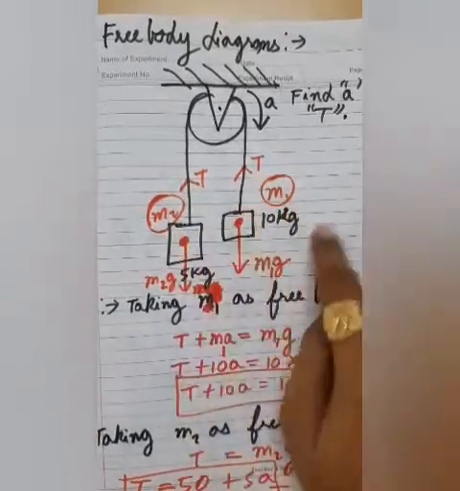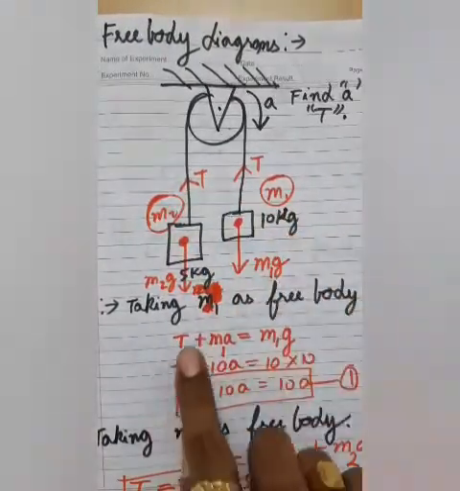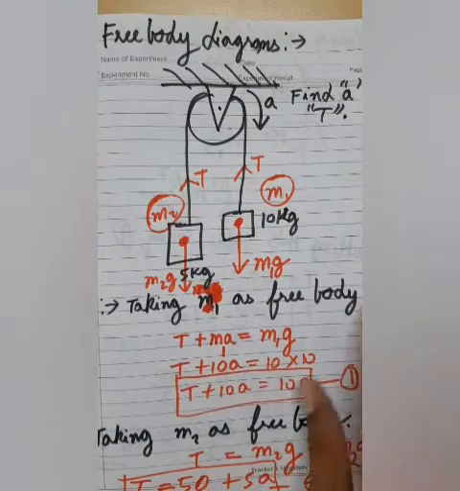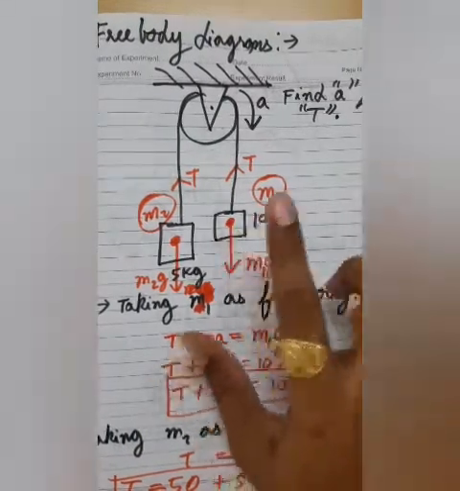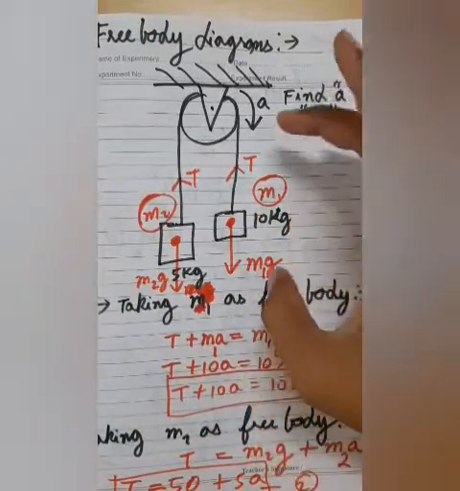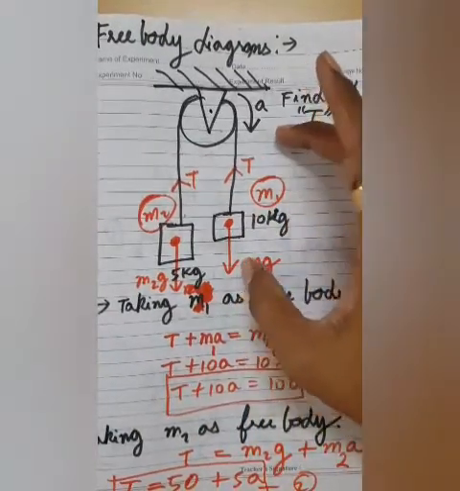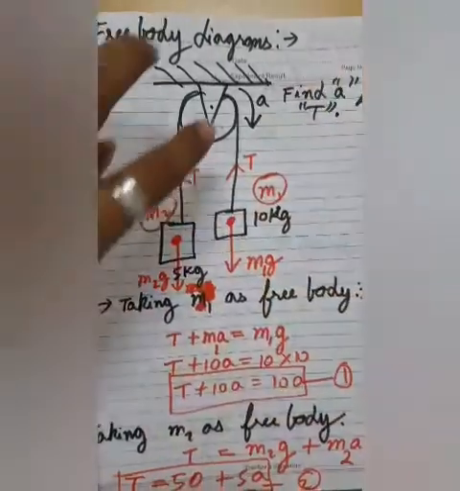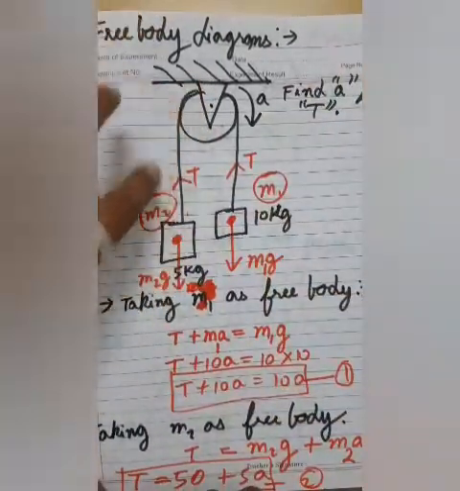So I am considering the 10 kg mass, and I have written here: taking m1 as free body. Now this is my free body. When I say free body, this is the only part of the system which I am supposed to consider. The rest I am not worried about.